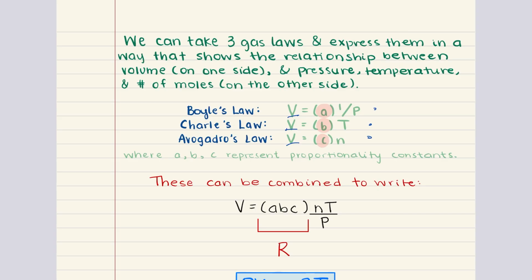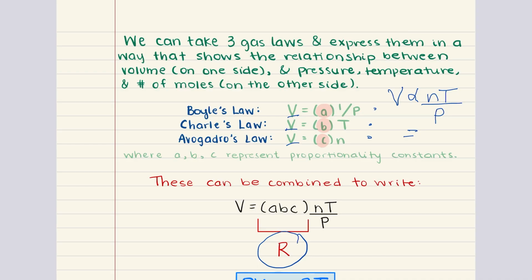By combining these relationships, we arrive at a general proportionality. That volume is proportional to number of moles multiplied by temperature divided by pressure. However, to turn this into a direct and proper equation, we need a constant of proportionality. This constant, denoted R, is called the universal gas constant.